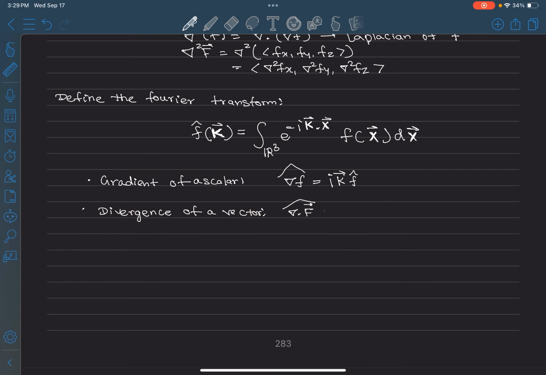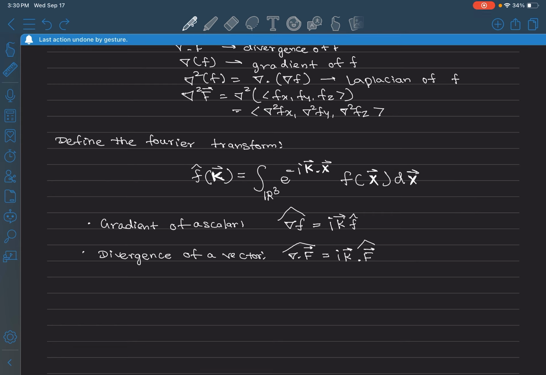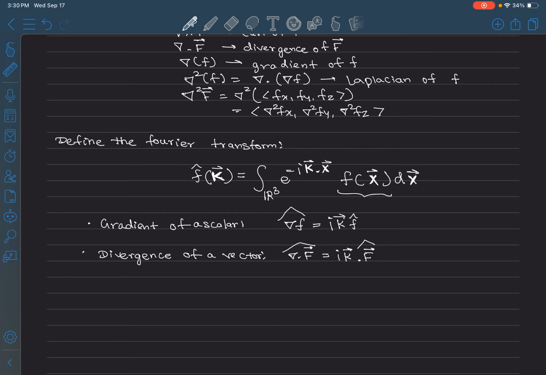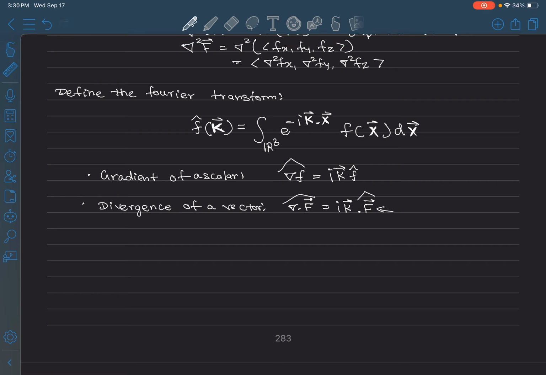Its Fourier transform will just be i times the k vector dot the f vector. Basically, using this definition, for a vector function we can just take the Fourier transform of each component. You can see that because you can write it in component form, and it is essentially the same as taking the Fourier transform of each component.